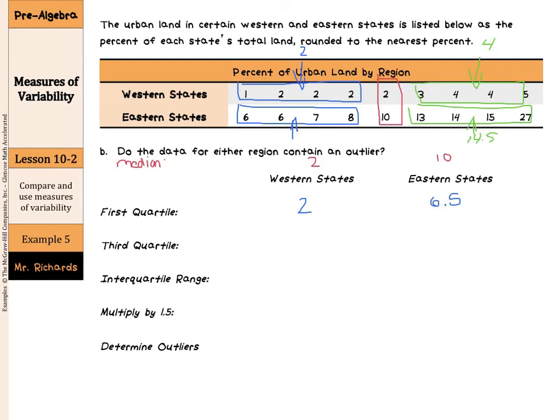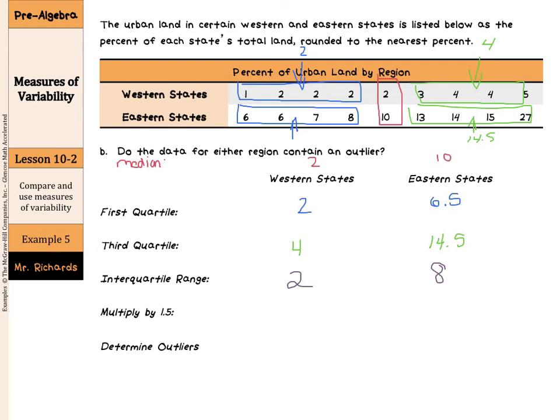So we can say the third quartile is 4 for the western and 14.5 for the eastern. So when I look now to calculate my interquartile range, 4 minus 2 gets me 2 for the western, and 14.5 minus 6.5 gets us 8 for the eastern states.